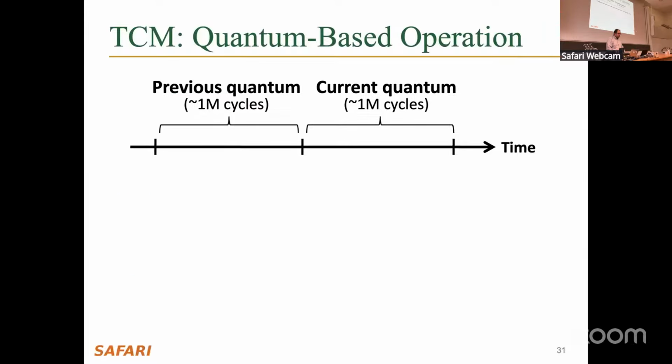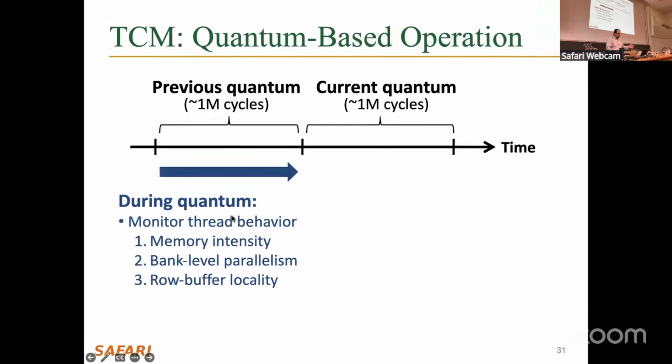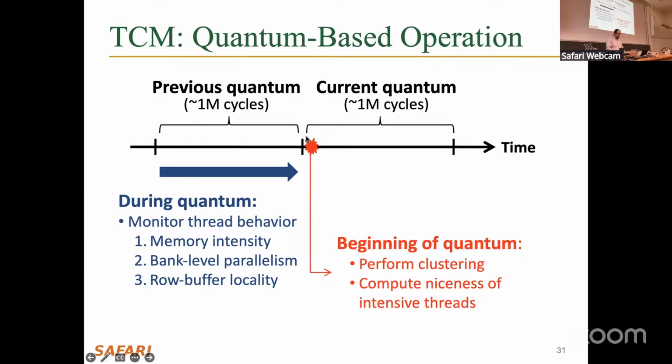TCM uses a quantum-based operation, where we chop the time into different quantums, or intervals, but these are relatively long, like 1 million cycles. So there is a previous quantum and then the current quantum. During a quantum, we monitor thread behavior in terms of memory intensity, bank level parallelism, and row buffer locality. At the beginning of the quantum, we perform clustering and compute niceness of the intensive threads based on our observation from the previous quantum.